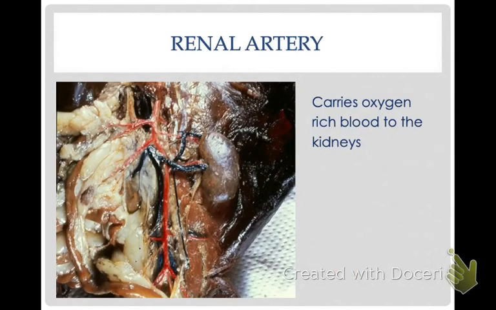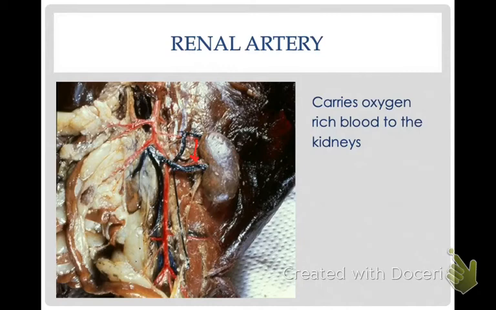And then on this slide, we're looking at the kidney kind of being pulled away from the body of the mink, and you can see the renal vein coming out of the kidney, because it's taking blood back to the heart. You can see at the same area the renal artery going into the kidney. The renal artery is red, and that is shown.